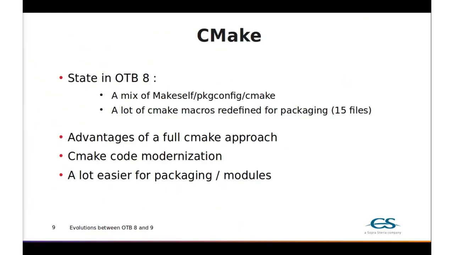The advantage of a full CMake approach is CMake is used in a lot of C++ projects. Its syntax is not really easy, but it simplifies a lot if you just use CMake because it's cross-platform and it's very widely used. So there is a lot of information on forums and Stack Overflow.